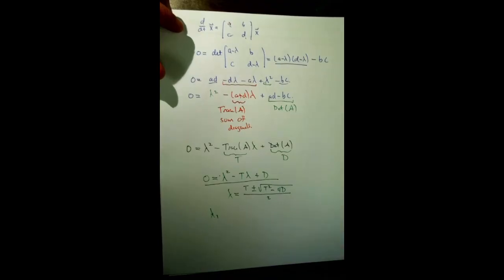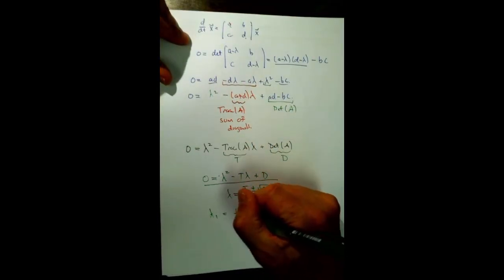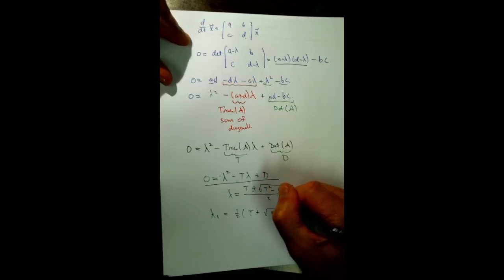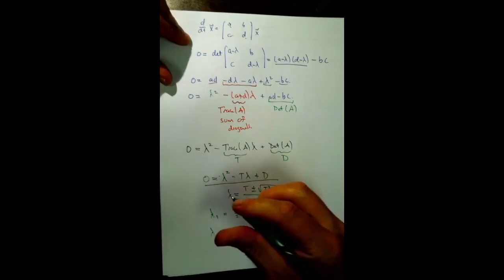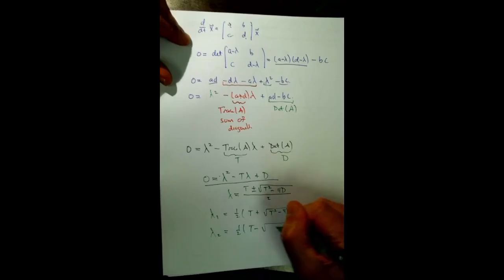So I'm going to call that the plus version. Yes, so lambda 1 is going to be 1/2 of T plus the square root of T squared minus 4D. And lambda 2 is what happens when I subtract the square root of T squared minus 4D.